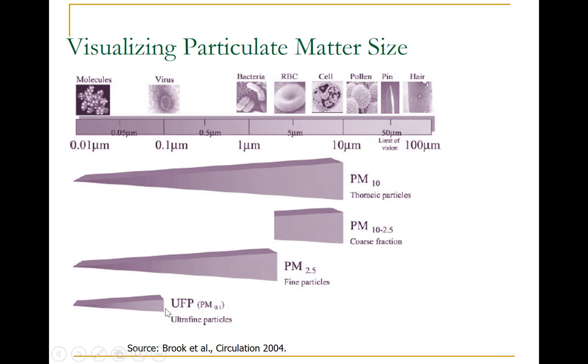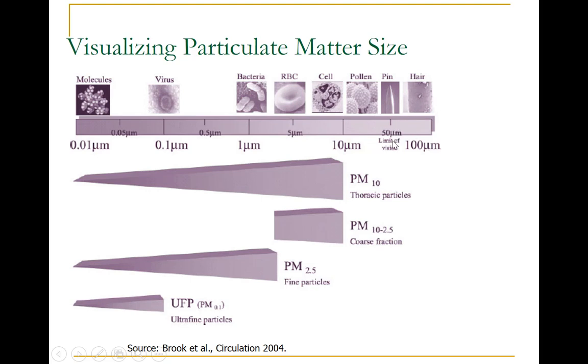Then we have another group of particles that are very, very small, PM0.1, known as ultrafine particles, UFP, and they are typically very, very small. On the top here, we can see some of the specific sizes that you can relate to. Particles that are close to 100 micrometers in diameter are similar to the cross section of a hair.